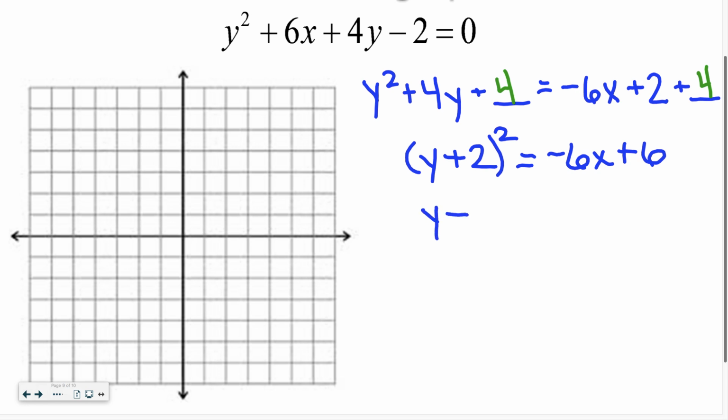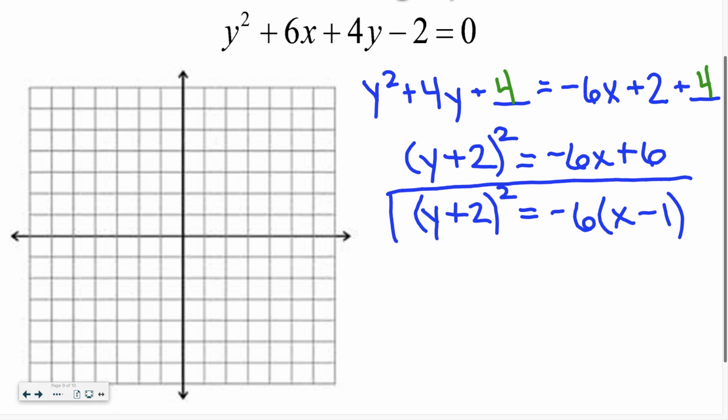So what do we need to do on the right side? Yes, factor out that negative 6, so then we have x minus 1, and we can tell what h is now. This is in standard form. I kept the squared term on one side, everything that doesn't belong to it on the other side, and we completed the square, and then we had to do just an itty bit of factoring.